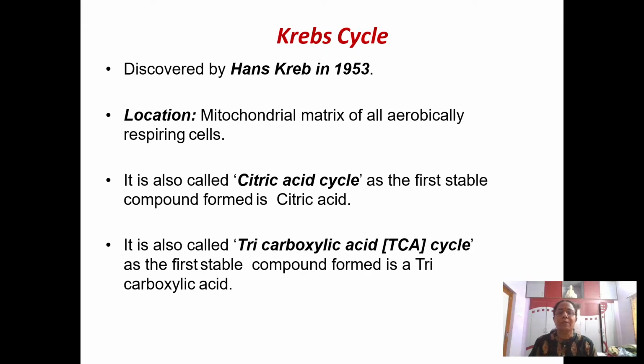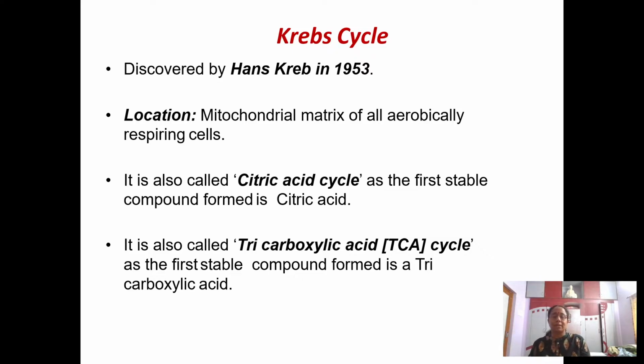It is also known as the citric acid cycle because the first stable compound formed is citric acid. Since it has 3 COOH groups, it is also known as the tricarboxylic acid cycle. You have learnt in previous classes, if there is only one COOH group, it is a monocarboxylic acid, 2 COOH groups, a dicarboxylic acid. Similarly, 3 COOH groups make a tricarboxylic acid.